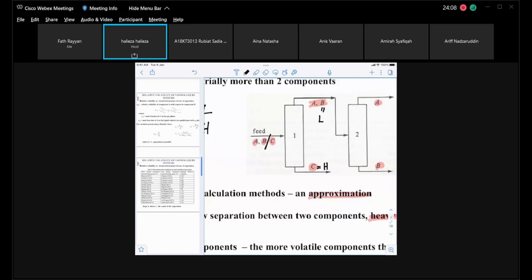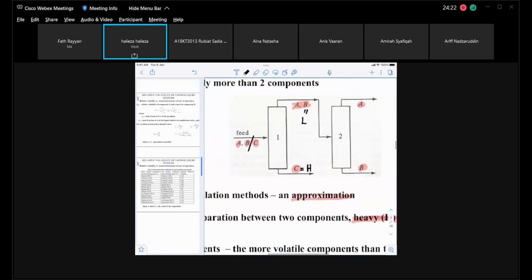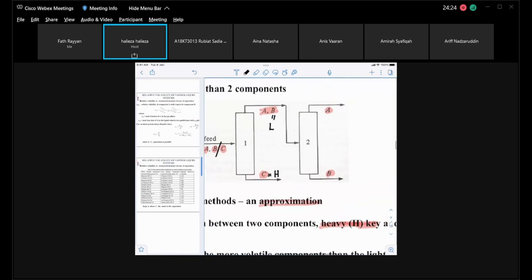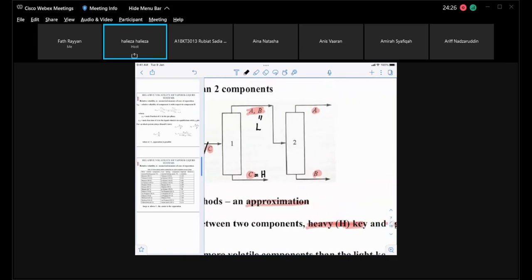Where the split is, the component that goes into the bottom will be the heavy key, and the component in the top that is next to the heavy key will be your light key. Then in the next column, you only have the split between A and B, just the two of them. So B will be your heavy key and A will be your light key.